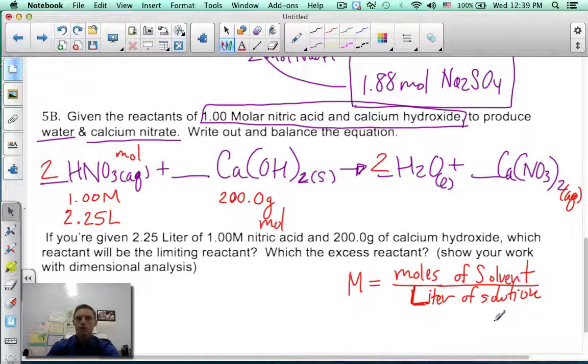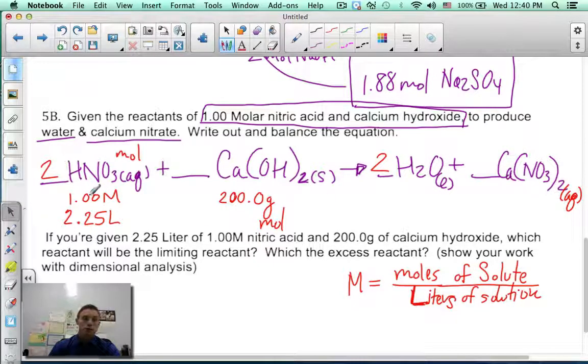What do I mean by solvent? Excuse me, it is not moles of solvent, it is moles of solute. So moles of solute over liters of solution. The solute is what dissolves into the solvent.